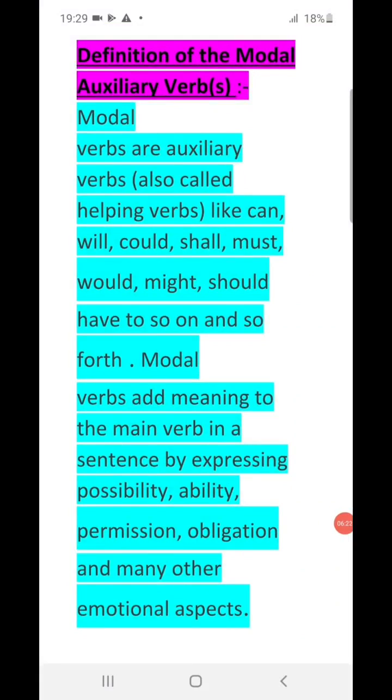Modal verbs are auxiliary verbs, also called helping verbs, like can, will, could, shall, must, would, might, should, have to, so on and so forth.